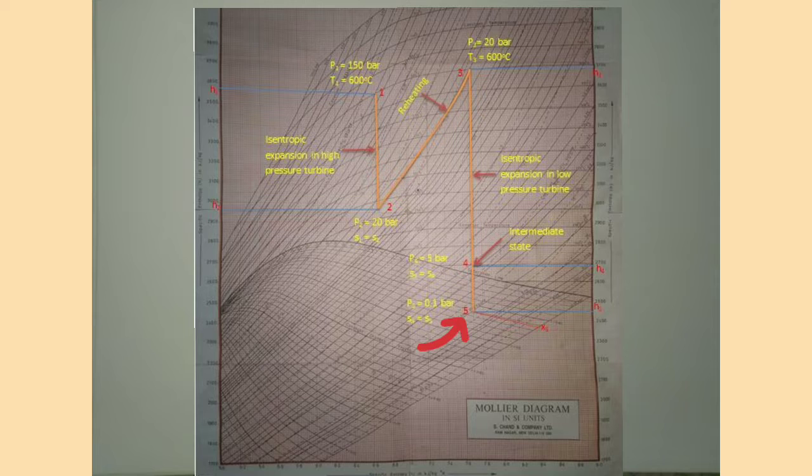At state 5, pressure is 0.1 bar, also S3 equals S5. Therefore, we can locate state 5, that is at the exit of the low pressure turbine. The enthalpy H5 can be found from the y-axis. Also, we can take the value of dryness fraction at state 5. We can see that states 1, 2, 3 and 4 are in the superheated region and state 5 is in the wet region.